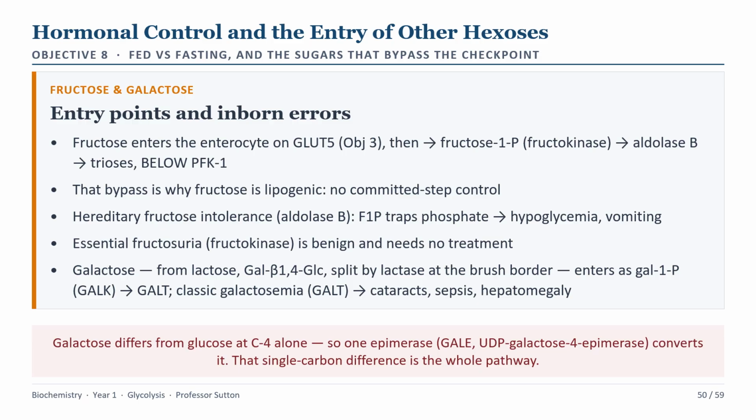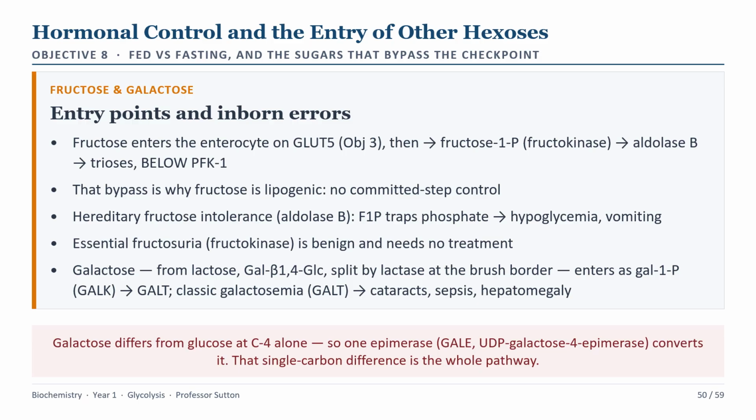Okay, the other dietary hexoses. And here's where you have inborn errors. Fructose. Dietary fructose is absorbed on GLUT5 in the liver.